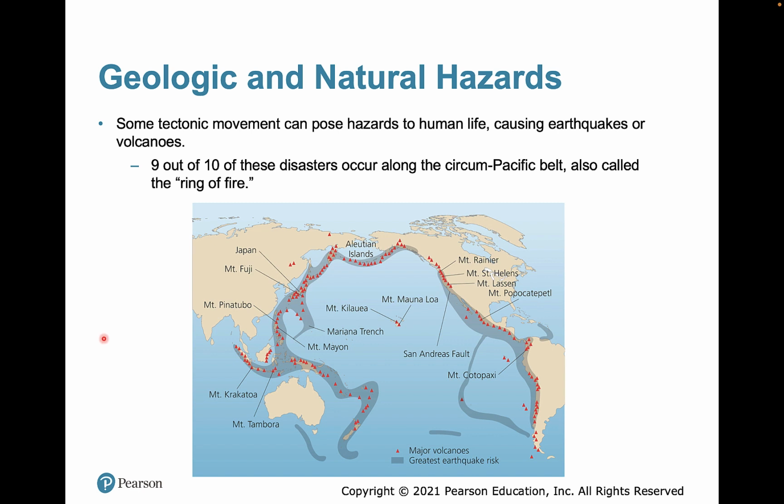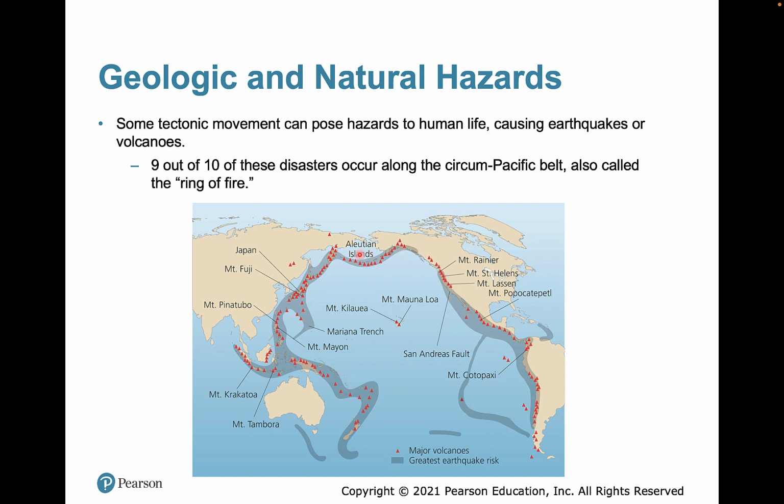So if we look at geologic and natural hazards, living in certain areas, if you are on those plate boundaries, can increase the risk of hazards to human life, okay, as a result of exposure to earthquakes and volcanoes. So most of it happens around the Pacific Ring of Fire, right?